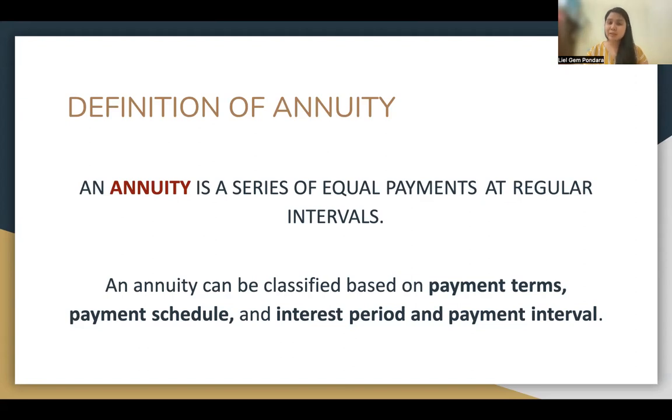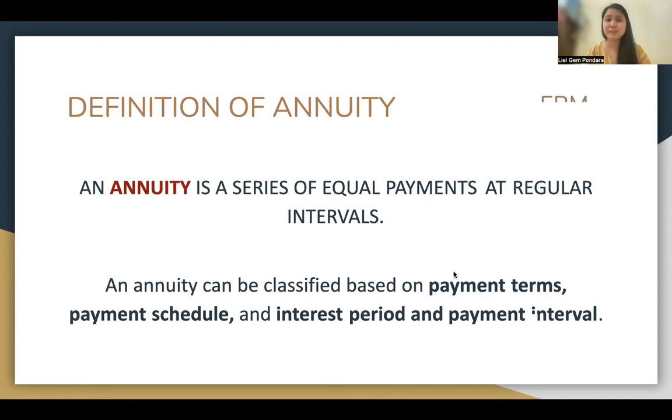So in an annuity, we make a series of installments and that makes it an annuity. Now, annuities can be classified based on payment terms, payment schedule, interest period, and payment interval.